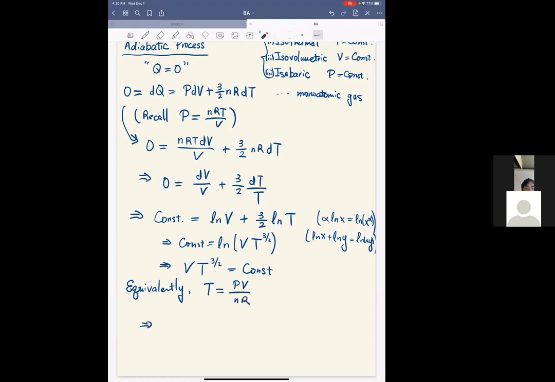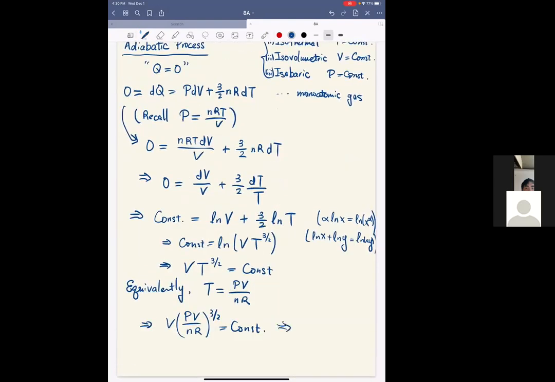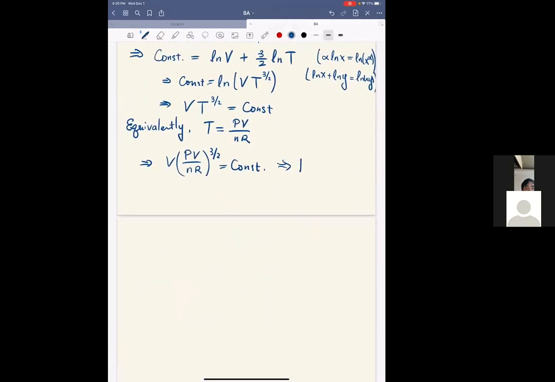Then this relation becomes V times (PV over nR) to the 3/2 equals to constant, which implies that P to the 3/2 times V to the 5/2 is some constant, which again implies that PV to the 5/3 is a constant.